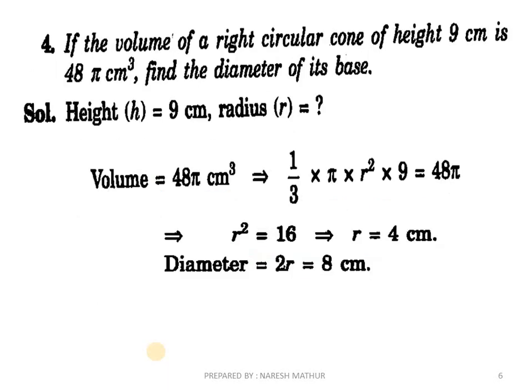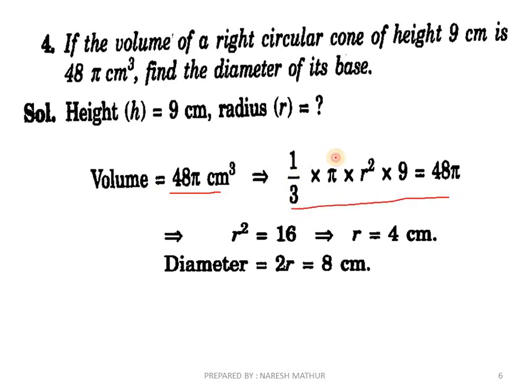Easy. In the next question, it's the same. If the volume of a right circular cone of height 9 centimeter is 48 pi centimeter cube, find the diameter of its base. So it's quite simple. Volume is given as 48 pi centimeter cube and volume of cone is 1/3 pi r square h.